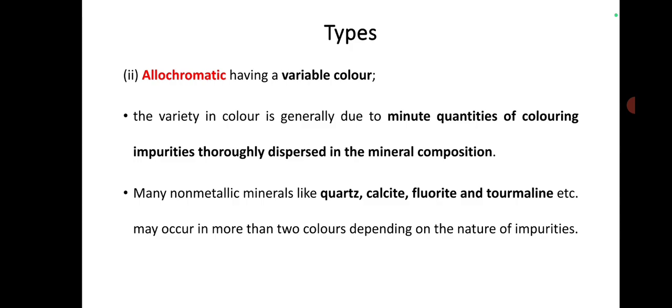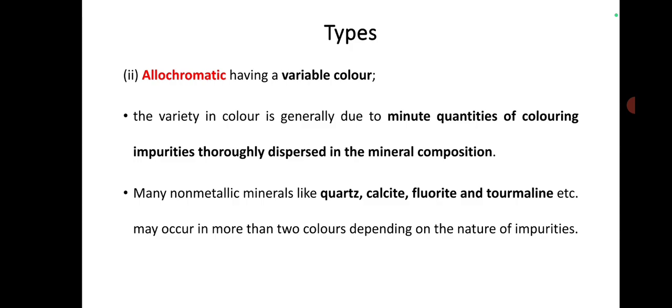Allochromatic means it has variable color. Idiochromatic is constant, allochromatic is variable color. This variety in color is due to minute quantities of coloring impurities which are thoroughly dispersed in the mineral composition. Many of the non-metallic minerals like quartz, calcite, fluorite and tourmaline may occur in more than two colors depending on the nature of the impurities.